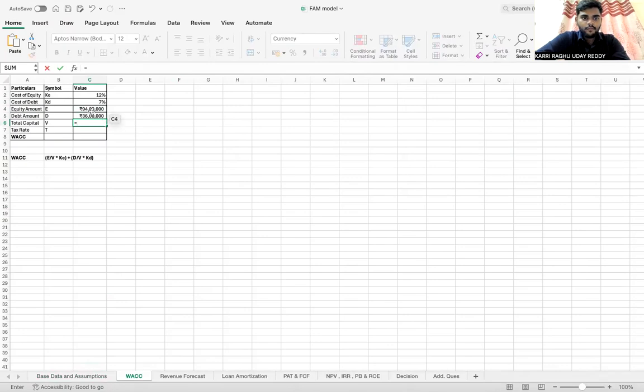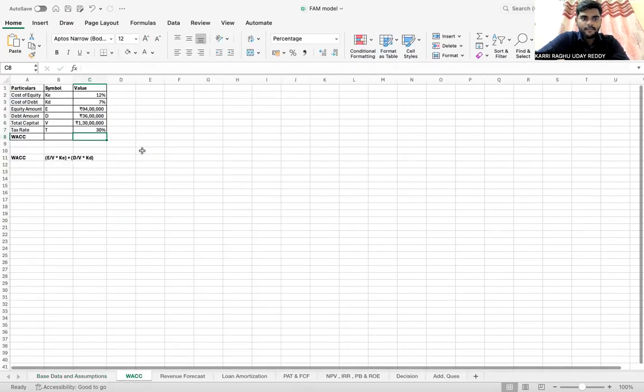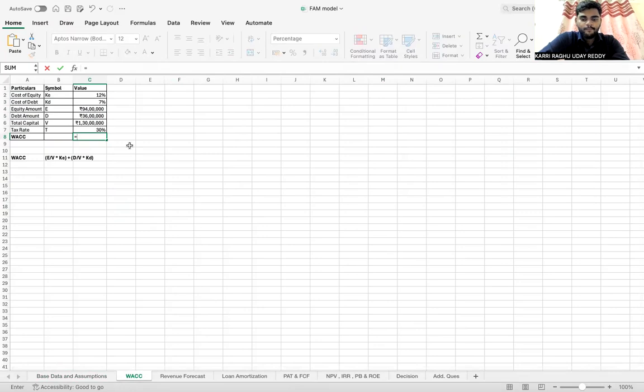The total comes to 94 lakh plus 36 lakh, 1 crore 30 lakhs, and the corporate tax rate is given as 30%. The WACC formula will be equity amount divided by total capital amount into cost of equity plus debt amount divided by the total capital into Kd.